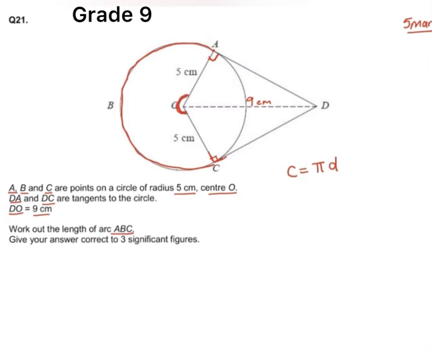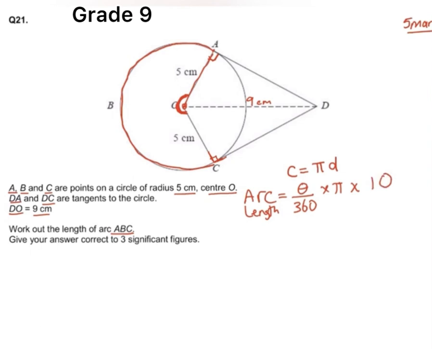Now, because we're only looking at a certain angle, the arc length is going to be whatever angle is required over 360, because angles all the way around equal 360, times pi, times the diameter. Now the diameter of the circle is going to be 10 because the radius is 5.